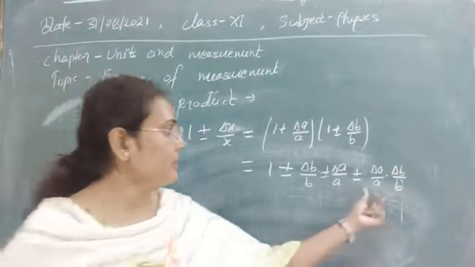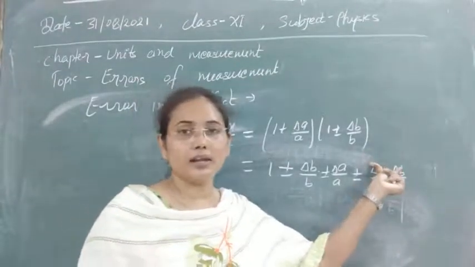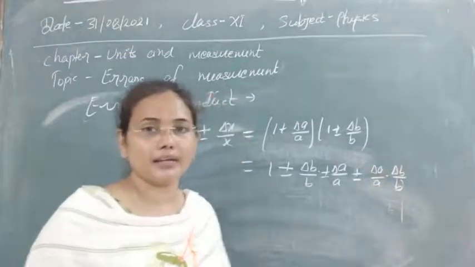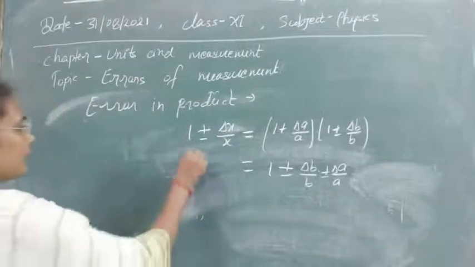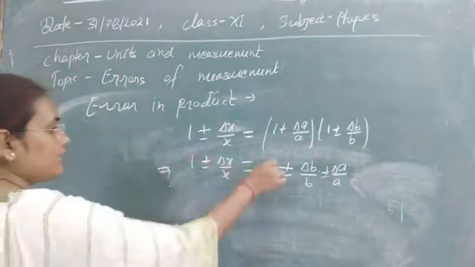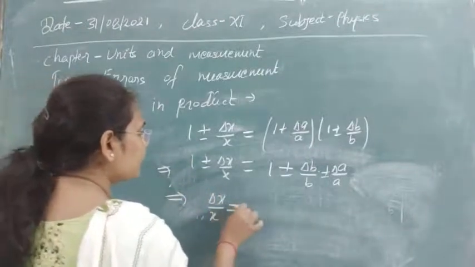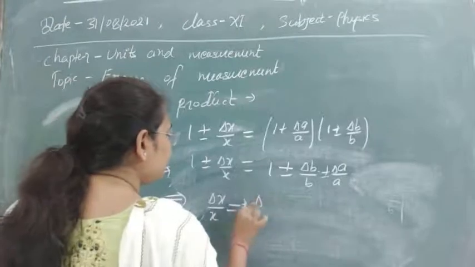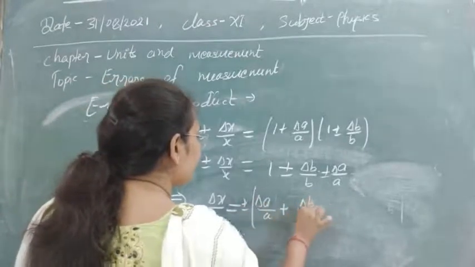Now the last term, as ab is very large in comparison to the numerator, is a product of small terms and can be neglected. So we neglect this one, the 1 can be cancelled out, and finally you obtain Δx/x equal to ±(Δa/a + Δb/b).